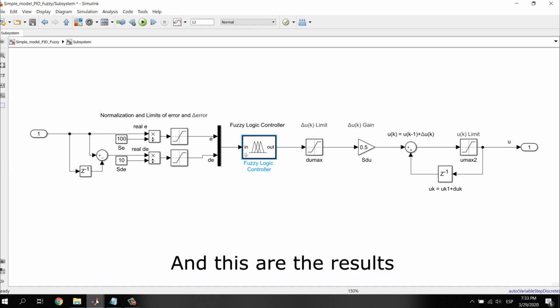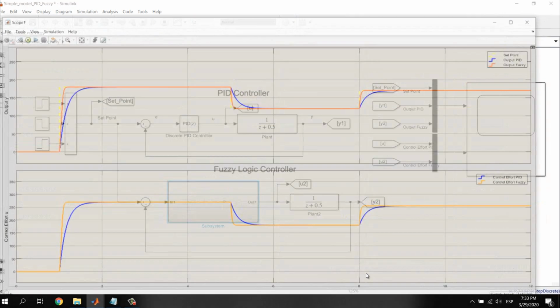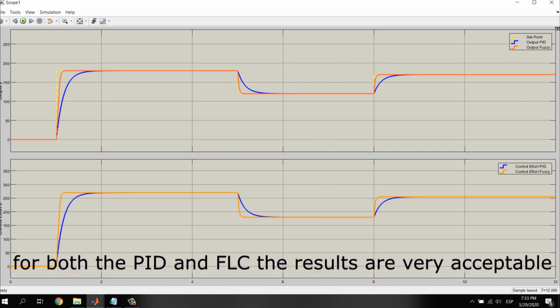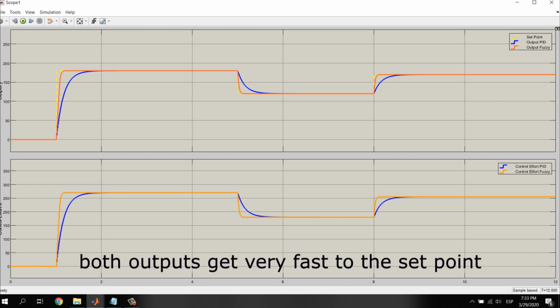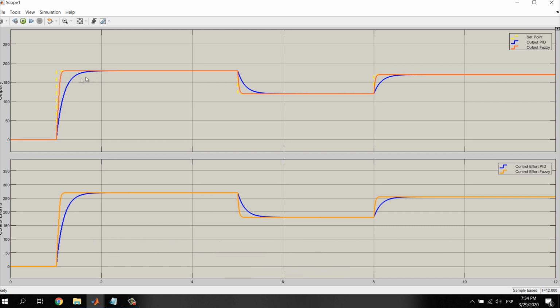And these are the results. For both the PID and the FLC, the results are very acceptable. Both outputs get very fast to the set point, but the FLC is faster than the PID for this case.